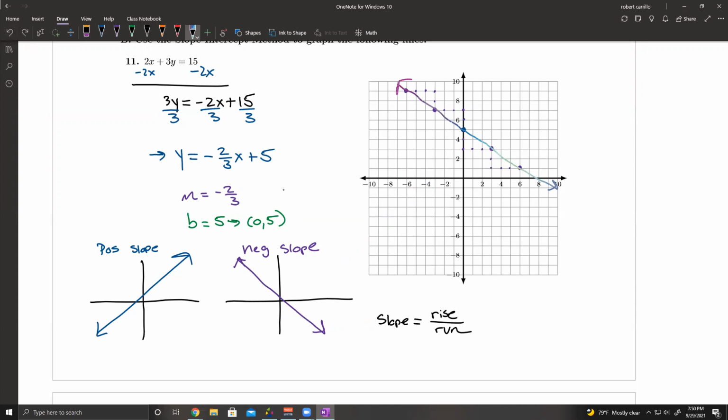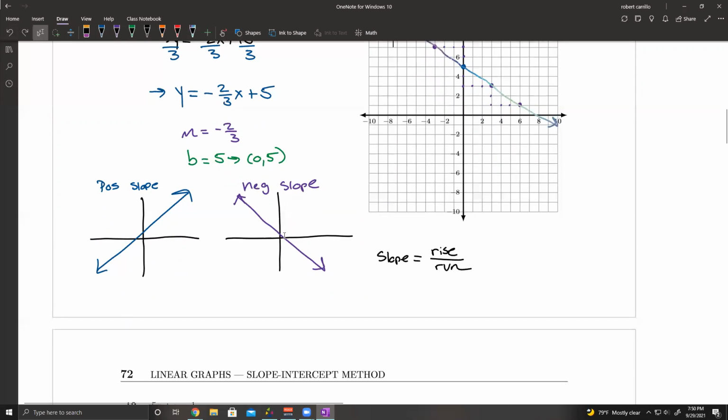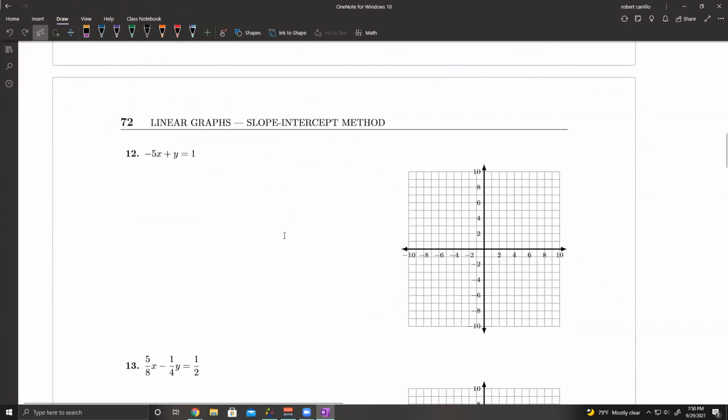All right, let's do another one. Number 12: negative 5x plus y equal to 1. Here again, rearrange, solve for y. What needs to be moved over to the right side? 5x.